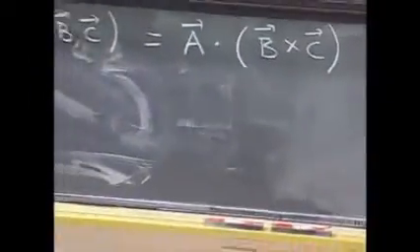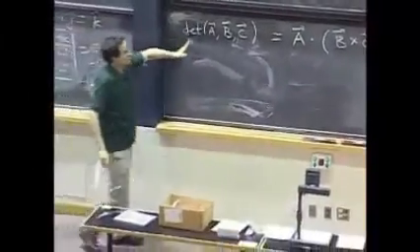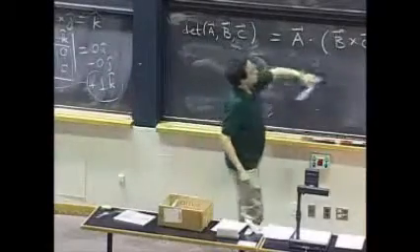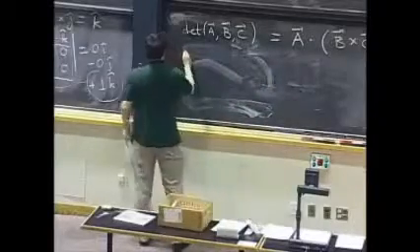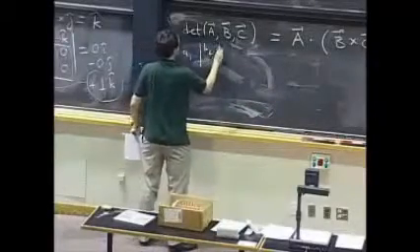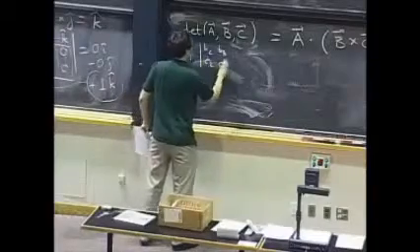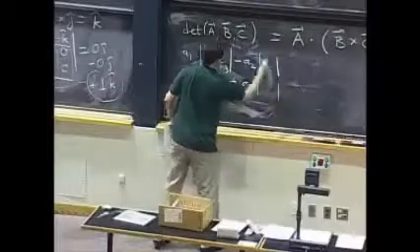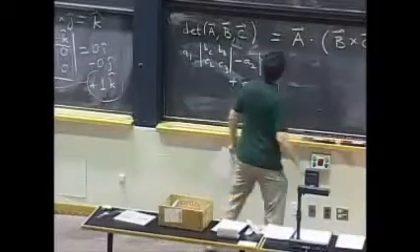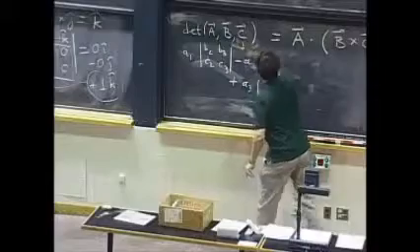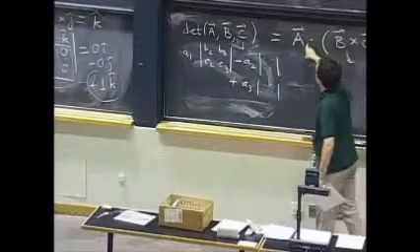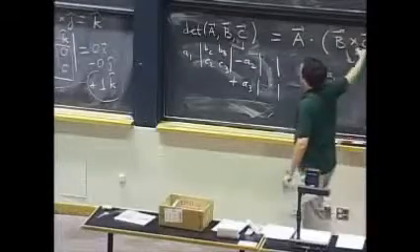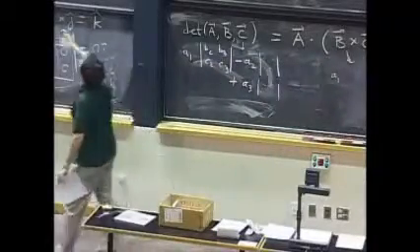Well, that looks good geometrically. Let's try to check whether it makes sense with the formulas. We saw the determinant is A1 times the determinant of B2, B3, C2, C3, minus A2 times something, plus A3 times something. I'll let you fill in the numbers. What about the dot product? We take the first component of A, that's A1, and multiply by the first component of B cross C. What's the first component of B cross C?